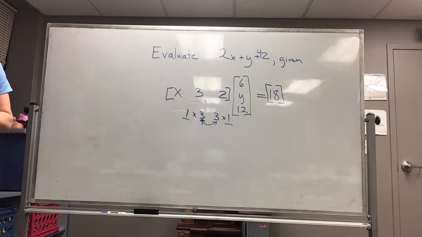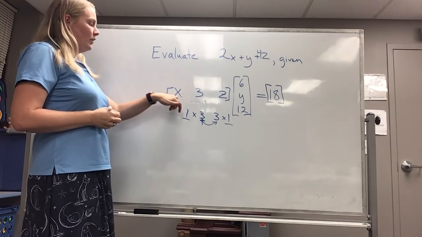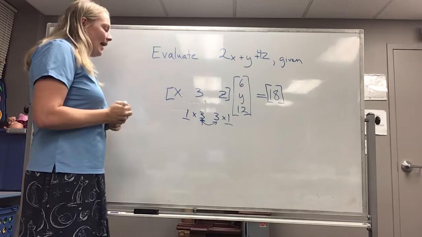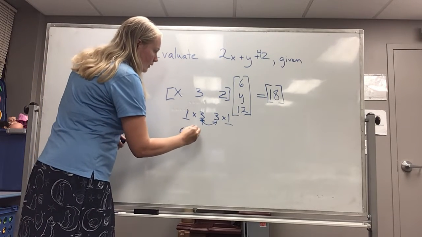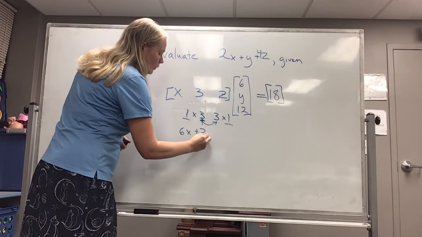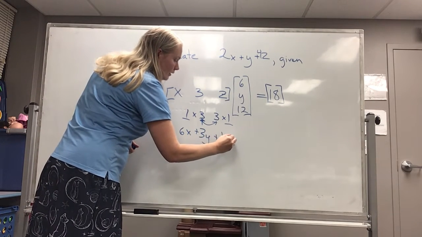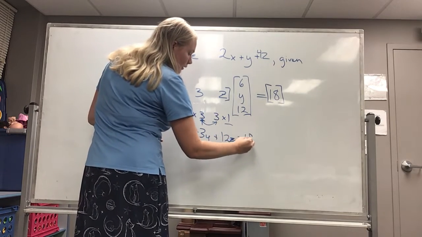If we multiply this out, remember, we're going to be taking the first element times the first, second times second, third times third, and we get that 6x plus 3y plus 12z, bad z, is equal to 18.